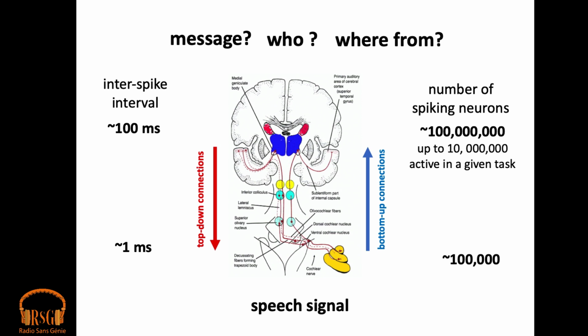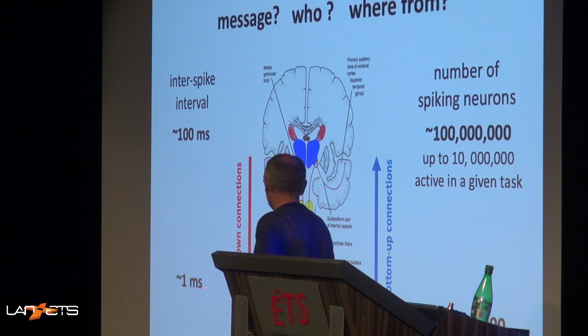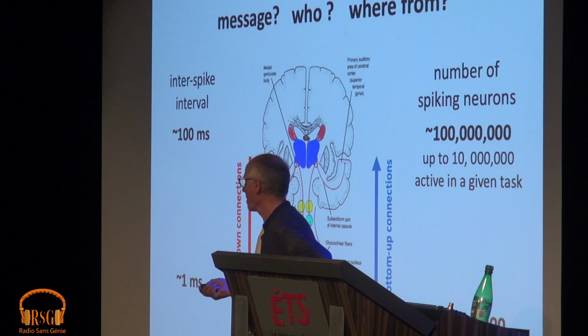On the input, you have a sampling of the signal. You have spikes about every 1 millisecond, about a 1 kilohertz sampling rate. On the level of cortex, the sampling rate is about 2 orders of magnitude less. Cortex is essentially looking at the big things. The input is looking at the signal, but cortex is looking more at the phonemes or syllables.